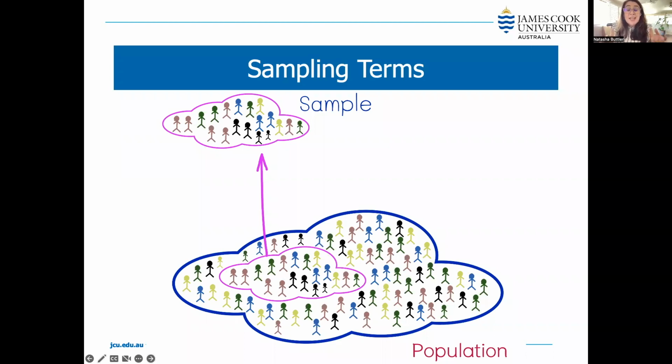So if you're wanting to get an understanding around every person in Australia's thoughts about a particular topic or their buying habits, that's really a massive process and project, and it just wouldn't be feasible. So that's why we choose a limited number of units, or we take what we call a sample. And the sample is used to represent the characteristics of the total population.